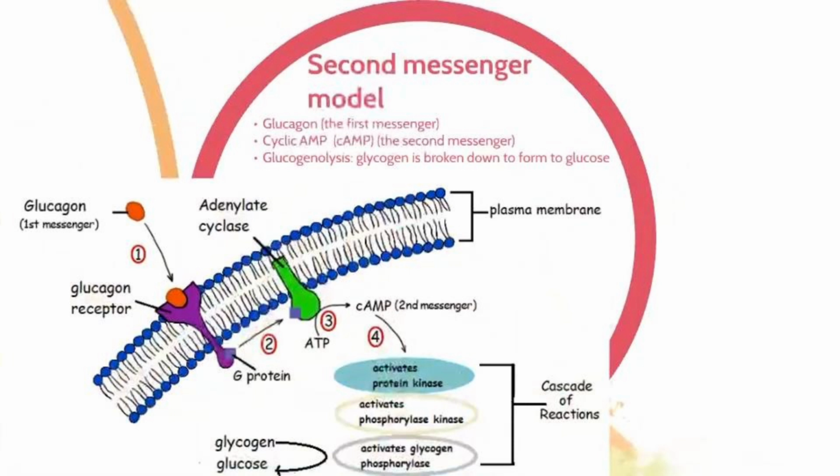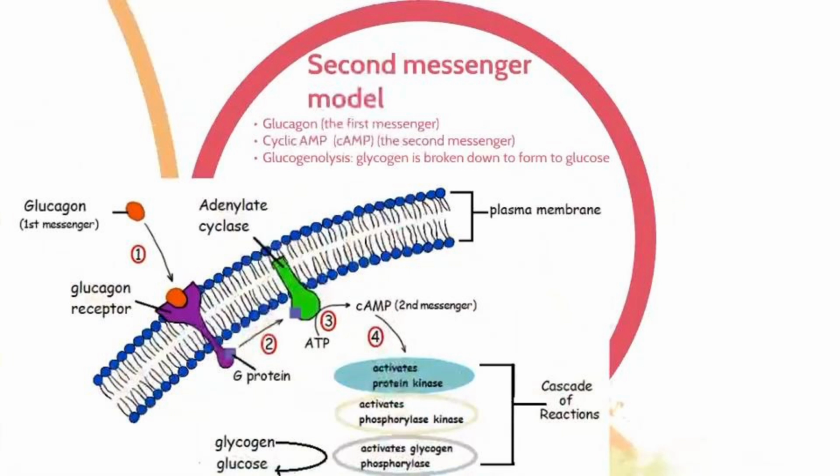Again, I know this is a lot, so really don't worry too much about it. It will become clearer over time. So once we now have this activated phosphorylase kinase enzyme, this then can activate glycogen phosphorylase enzymes. So we've got a whole lot of enzymes which act to activate other enzymes.